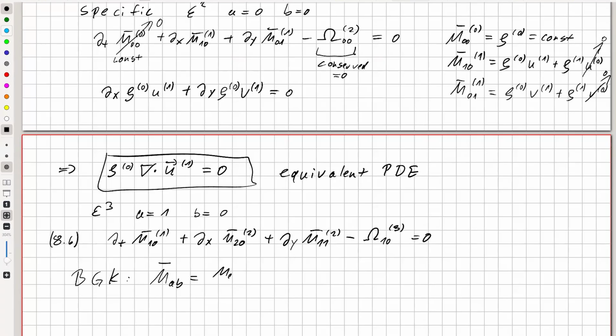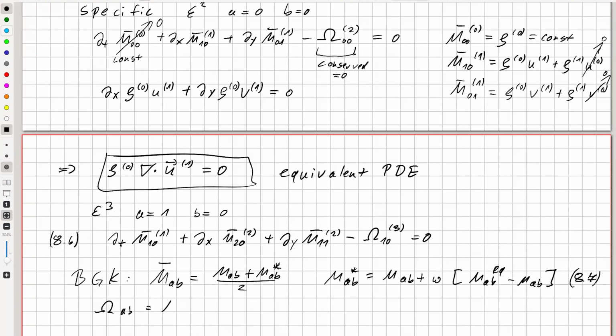So we remind ourselves that we have MAB over bar equal to MAB asterisk divided by 2, and this MAB asterisk is MAB plus omega times MAB equilibrium minus MAB. This is our BGK equation that I call 8.7.